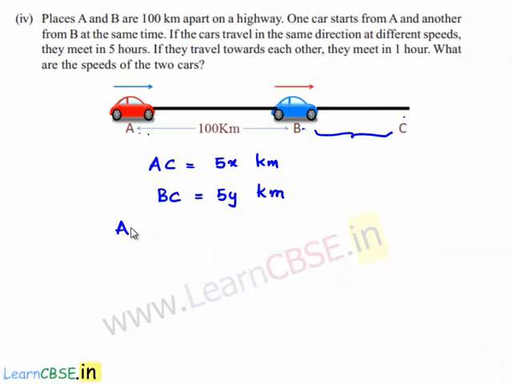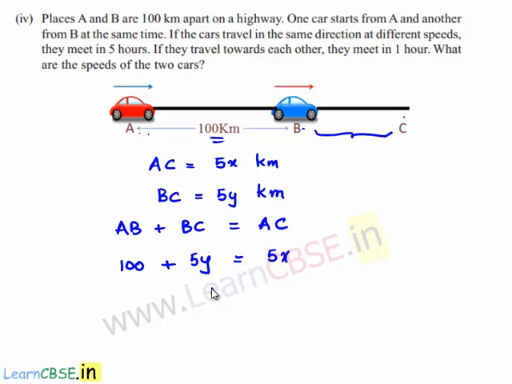Clearly the distance of AB is nothing but 100 kilometers. So in place of AB I can write 100, in place of BC we can write 5y, and AC can be written as 5x.